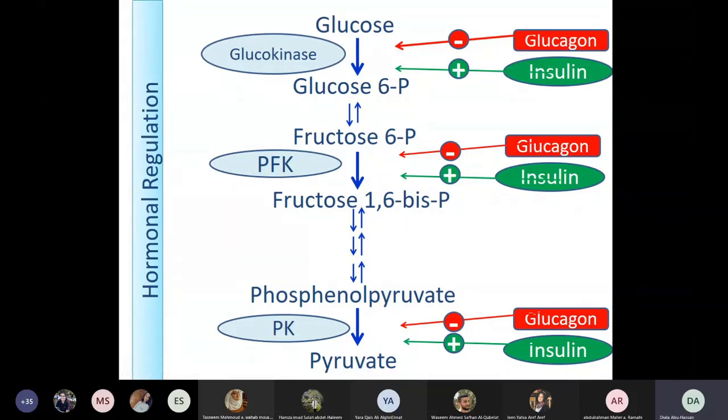When we take a carbohydrate-rich diet, there would be absorption of this glucose, high glucose level in the blood, more secretion of insulin, more expression and higher concentration of glucose transporters on the cell membrane, more uptake of this glucose into the cells. معناته the concentration of glucose in the cells is high, so this would activate glycolysis, specifically at these steps. But glucagon is going to act the opposite way. It's going to be an inhibitor for these steps.